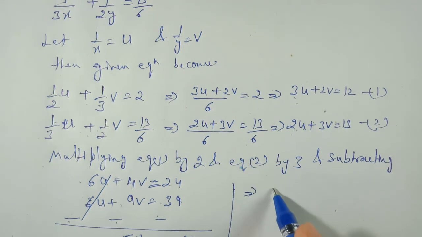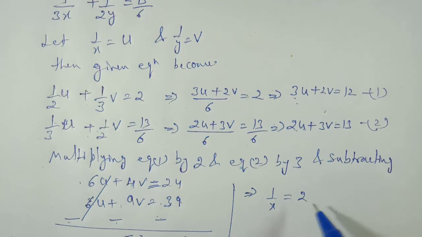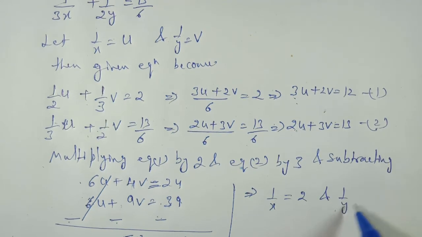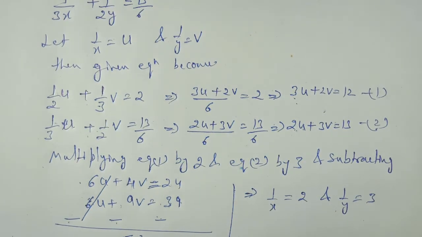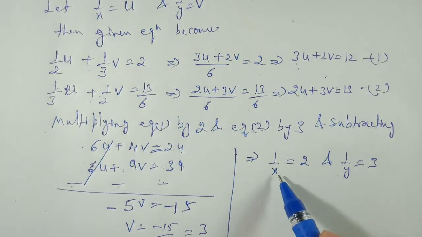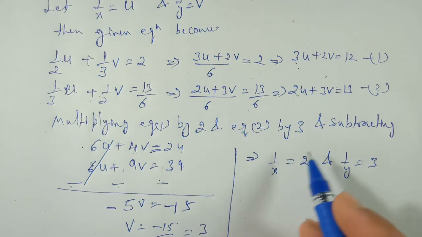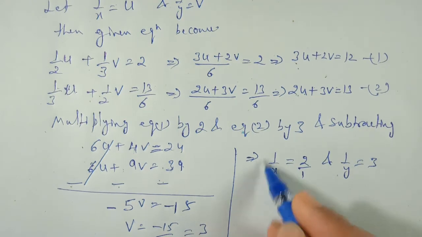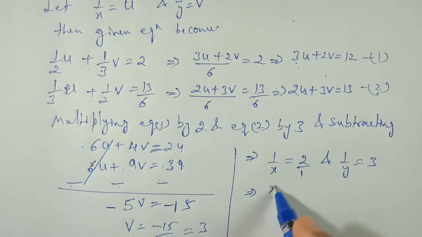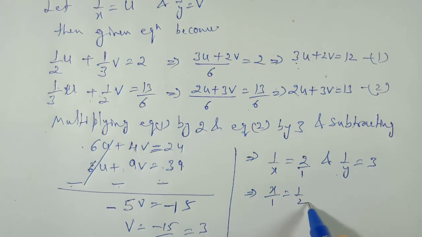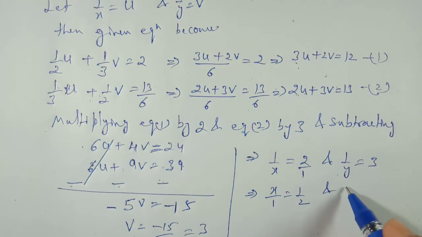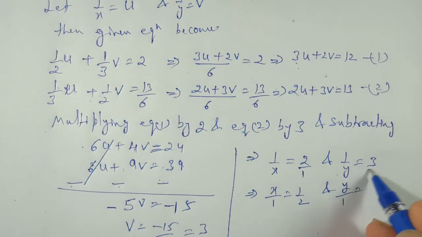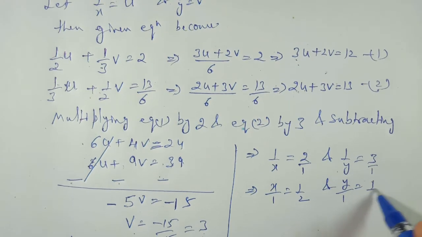This implies that 1 upon x is equal to 2 and 1 upon y is equal to 3. Since we have to find the value of x, we have to take the reciprocal on both sides. So when we take the reciprocal on both sides, this will become x upon 1 equal to 1 upon 2, and here also y upon 1 equal to 1 upon 3.